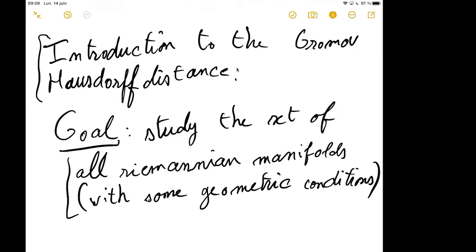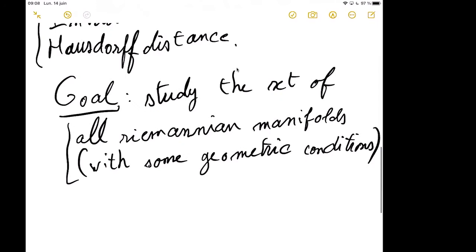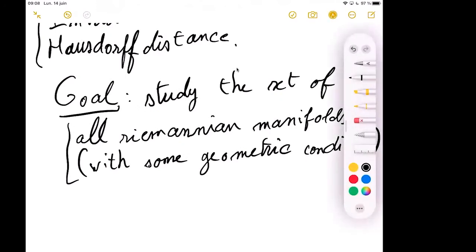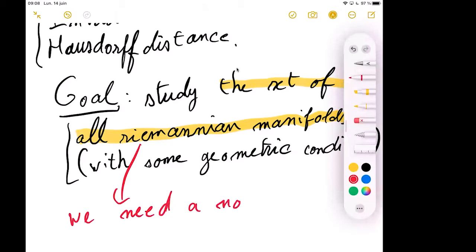And in order to do that, it's convenient to have a topology, or at least a notion of convergence, on this set of all Riemannian manifolds with those conditions.